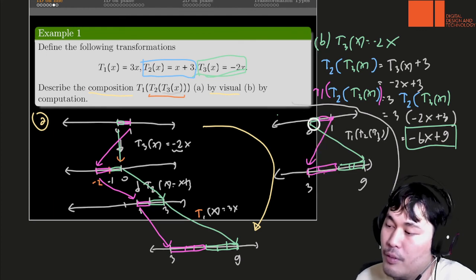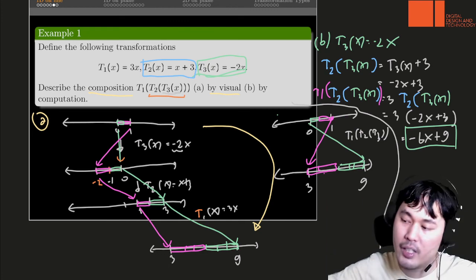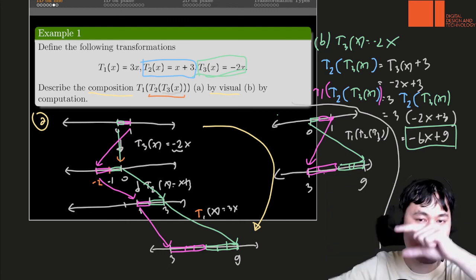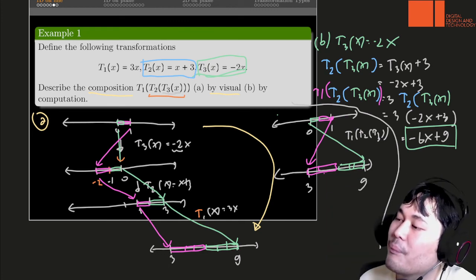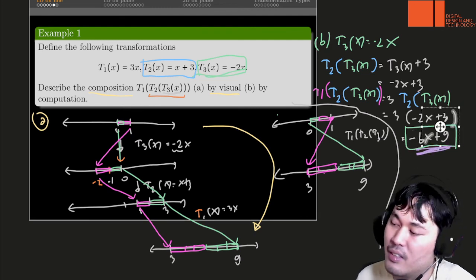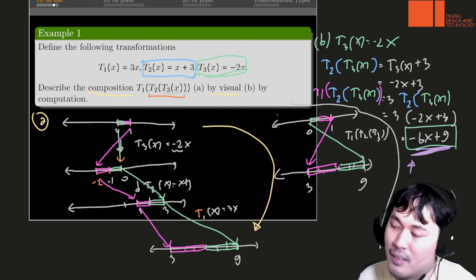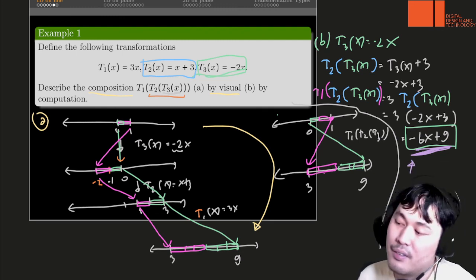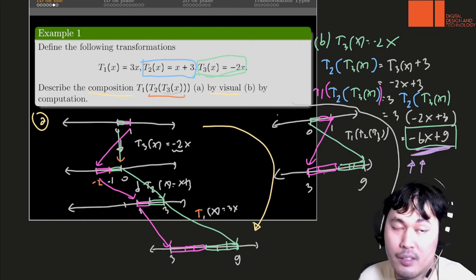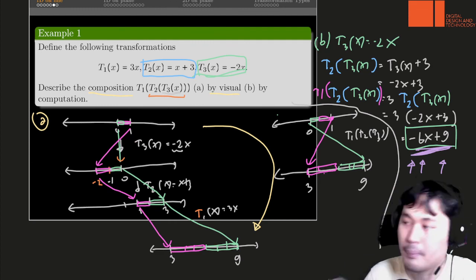Visually, it moved 0 to 9, moved 1 to 3. So it scales up by a factor of 3, flips, and then moves around. But the more precise definition is this function, which you can see that, okay, it flips something. That's the negative sign. It scales a line by a factor of 6, and it moves things to the right by 9 units.